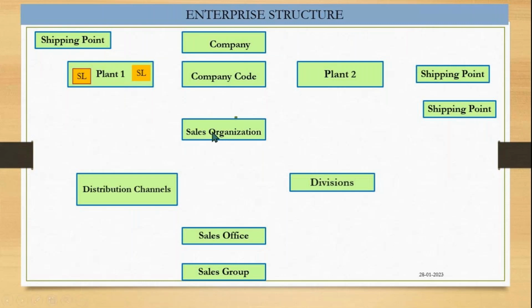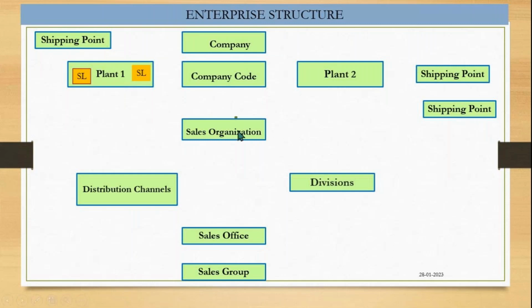Logically, sales organization is a logical organizational element. We define it; you will not find a physical sales organization. It is logically defined in the system. Let's say India is one of my sales organizations. Whatever sales happen in India come under sales organization India. When we define it, then you will understand.